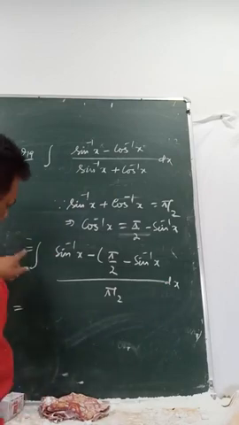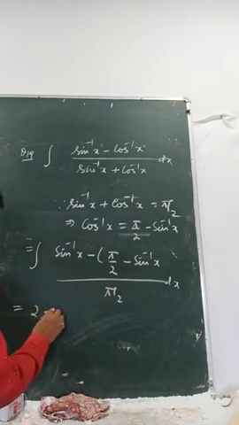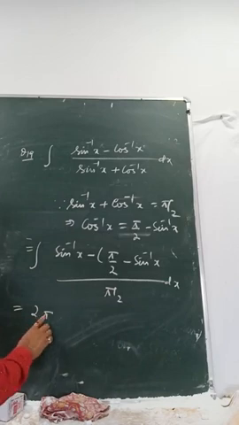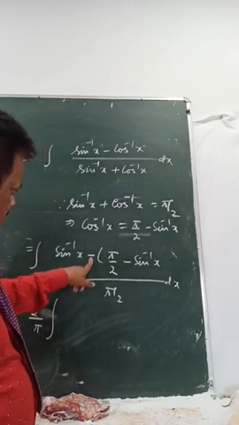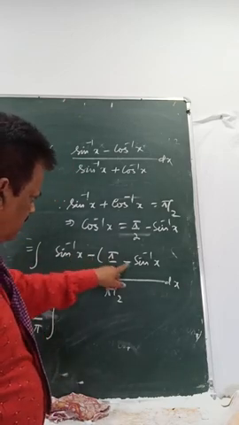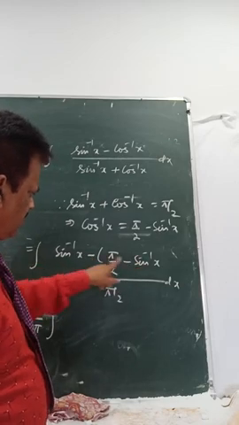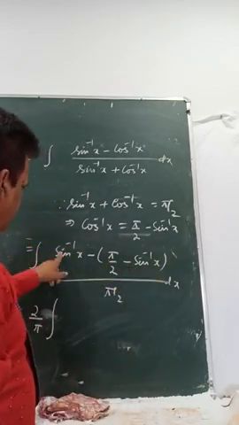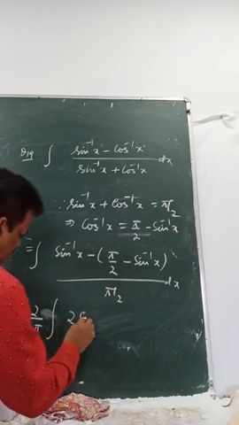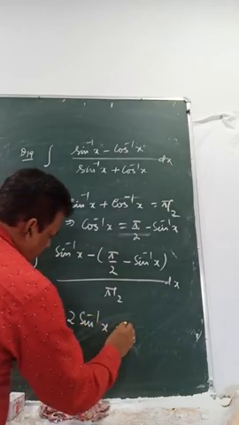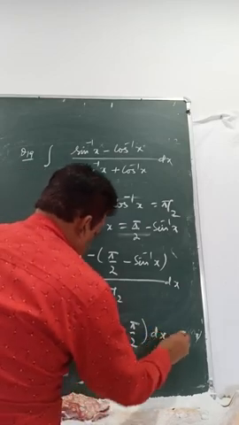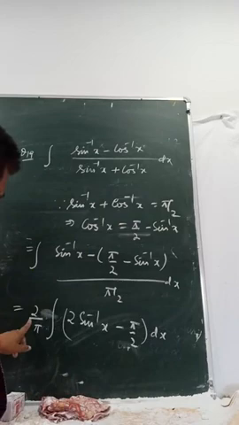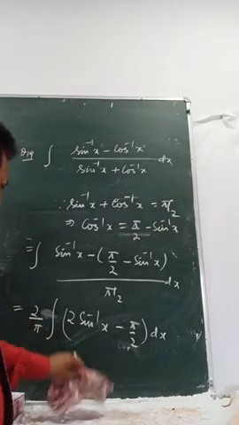Dividing by pi by 2 will be multiplying by 2 by pi. Okay. Minus this, sin inverse x minus pi by 2 and minus sin inverse x, so plus sin inverse x, then this will be 2 sin inverse x minus pi by 2, dx. Now if you multiply these two, what will you get?